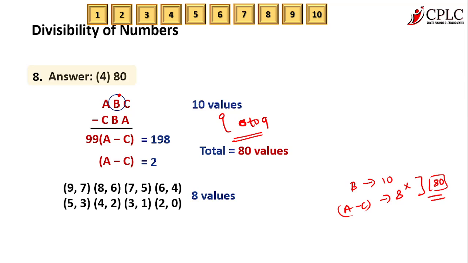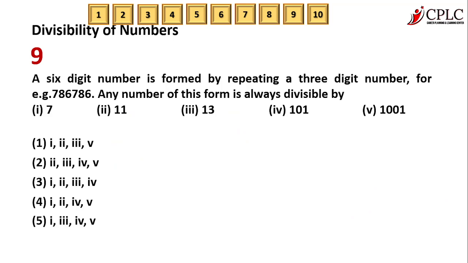Okay, now moving on, question number 9. Again, a superb type. A 6-digit number is formed by repeating a 3-digit number. What can be the type? Let's explore that. So a 3-digit number repeating and giving us a 6-digit number. We can say ABCABC.